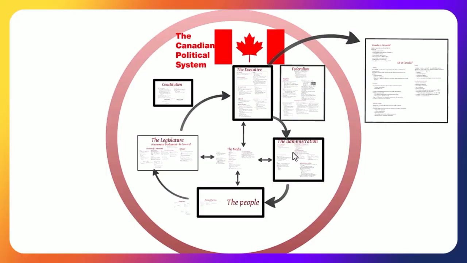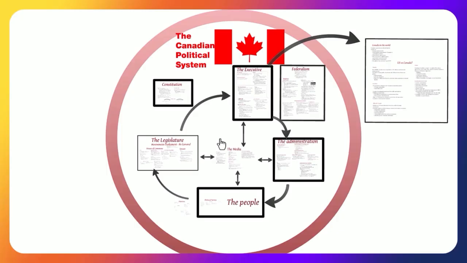Now, this map will tell a practiced observer that we're talking about a parliamentary system because of the dependency of the executive on the legislature. If the executive can't maintain the confidence of the legislature, it will have to go. That can be contrasted to presidential systems, for instance in the United States, where the executive can remain in office regardless of the legislature and its attitude towards the executive.